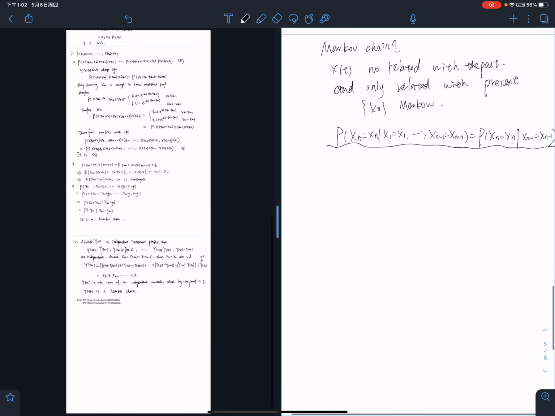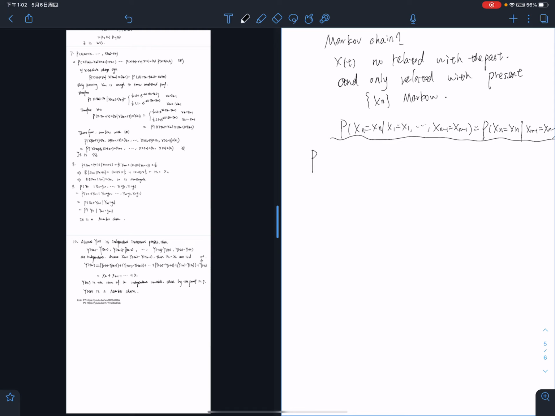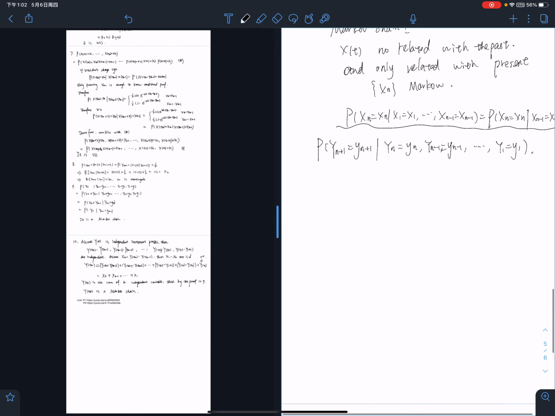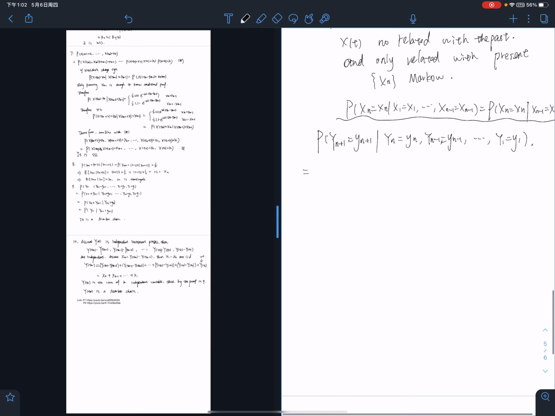So firstly, we want to write down the conditional probability of Yn+1 equals yn+1 on the condition Yn equals yn and Yn-1 equals yn-1, until Y1 equals y1. Then we are going to simplify this conditional probability.